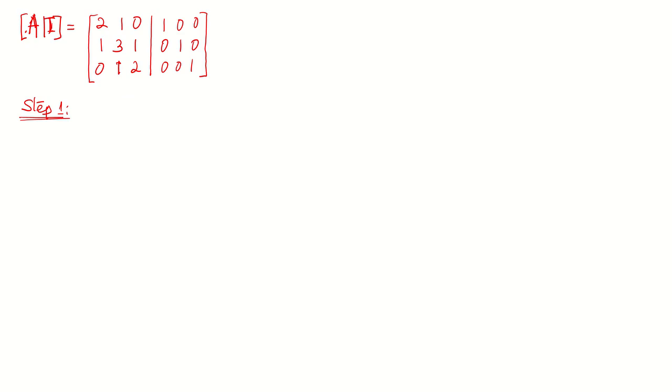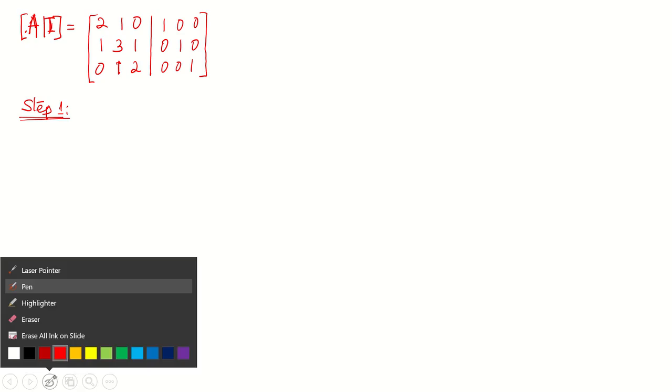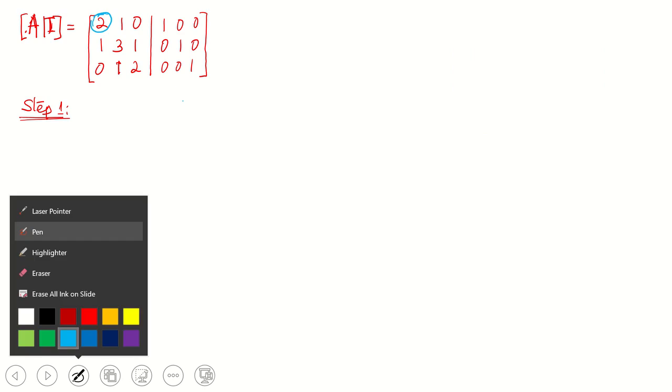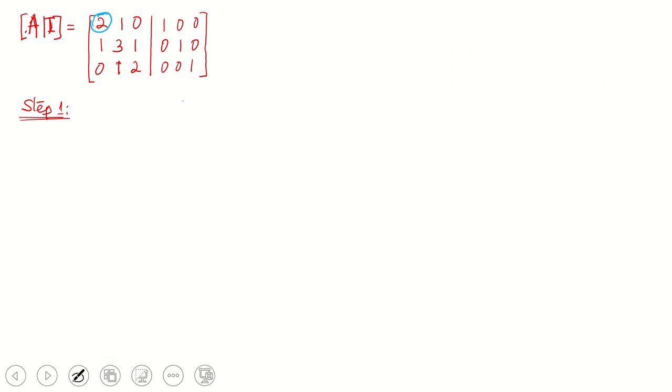So the first goal is to make the pivot element 1. What is the first pivot element in the matrix? The first pivot element is the first element on the first row. So our goal here is to make that first pivot element become 1. All right, let's see how to achieve that goal.